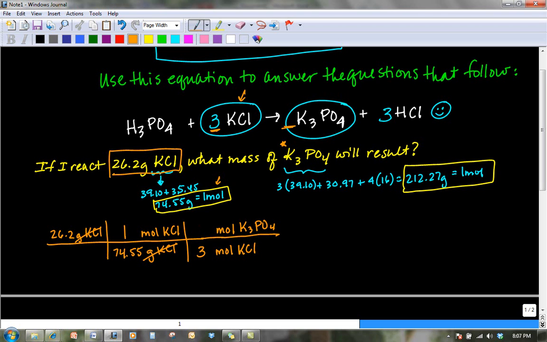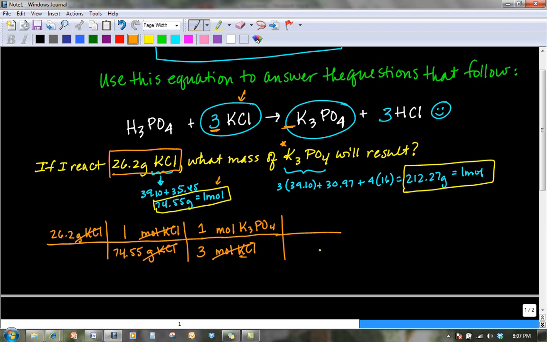It's invisible. It's just a 1, so I'm going to put that here. Now my moles of potassium chloride go away, and what I'm left with is 1 mole of potassium phosphate. So by using this mole ratio from the equation, I have switched from talking, in quotes, about potassium chloride to talking about K3PO4, which is what we want.